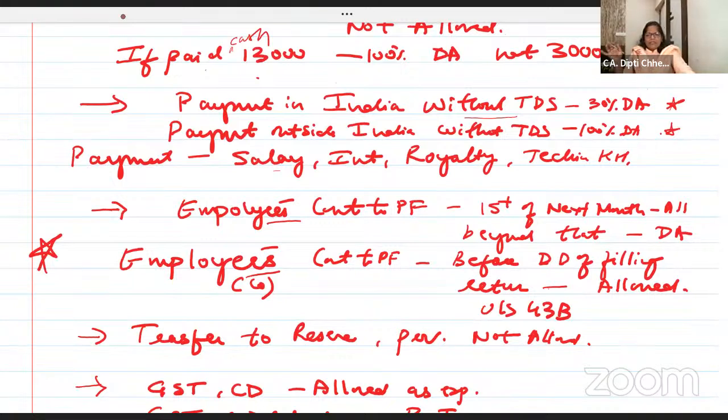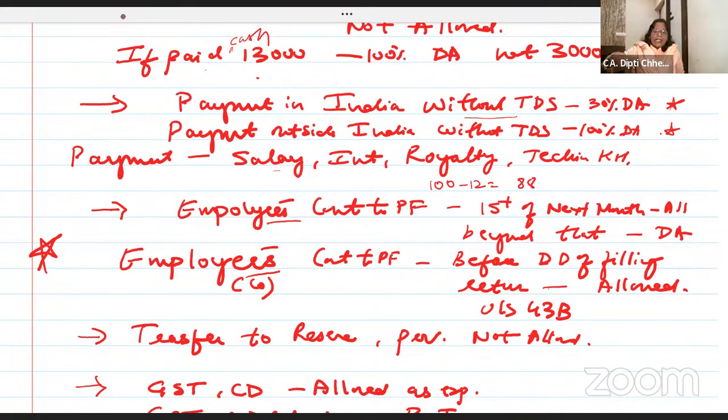November, December 24, January 25, सबके लिए क्या है? What it is saying? Employee, I am giving salary to my employee 100 rupees. Then I'm saying, employee, I'll give you cheque of 88. 12 rupees I will put from your pocket to Provident Fund. Employee saying, okay, sir, done.